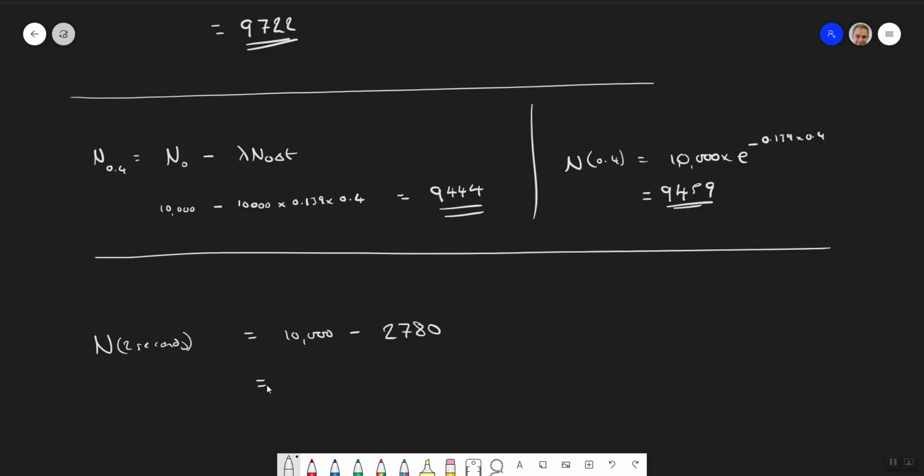So we'd have 7,220. Whereas if we did this the exponential way, we'd end up with 10,000 times e to the minus 0.139 times 2, which is 7,573. And suddenly, oh look, we're now 350 out.